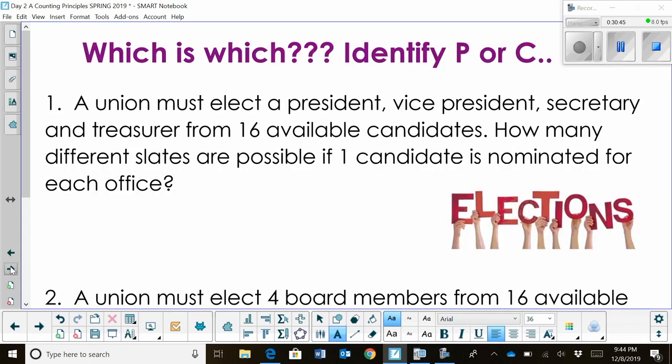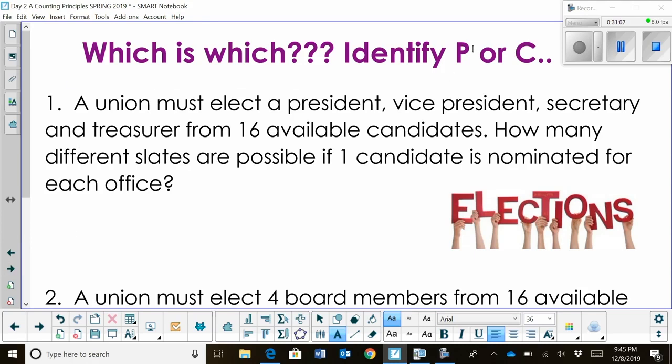Now, it's a little tricky. What we're going to do now in permutations and combinations is try to figure out which is which. Which one is a permutation and which one is a combination. So we have to read each problem very carefully. So let's look at number 1.